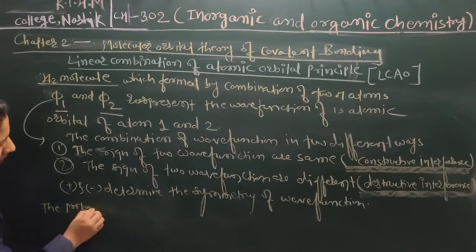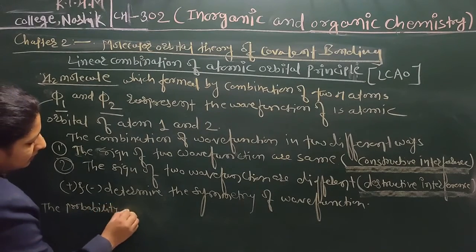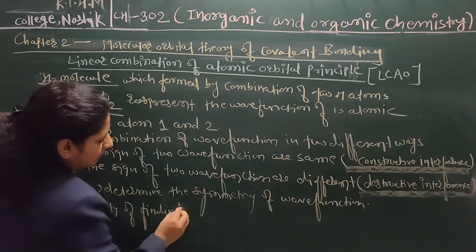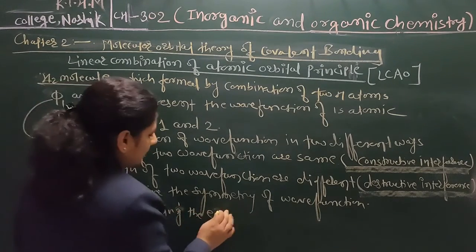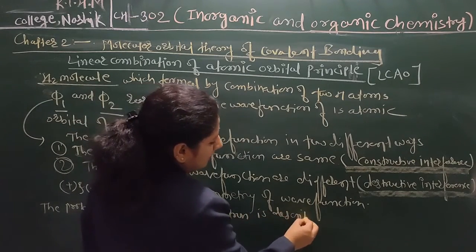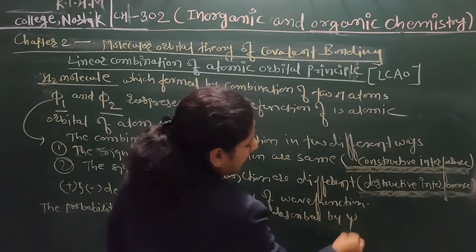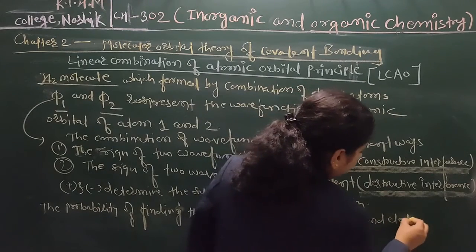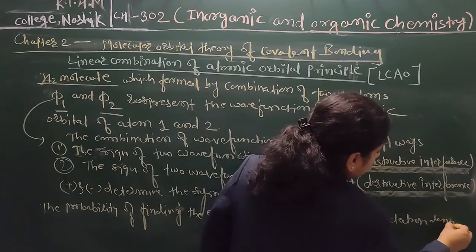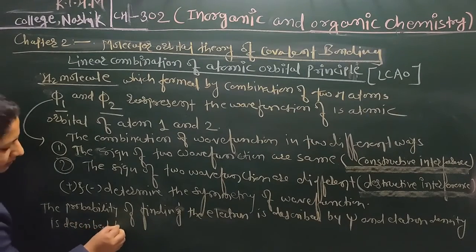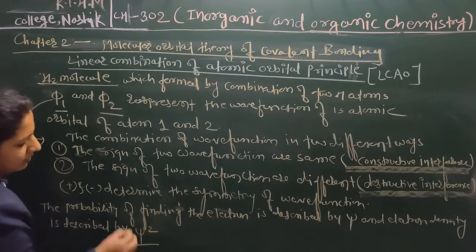The probability of finding the electron is described by psi, and the electron density is described by psi square.